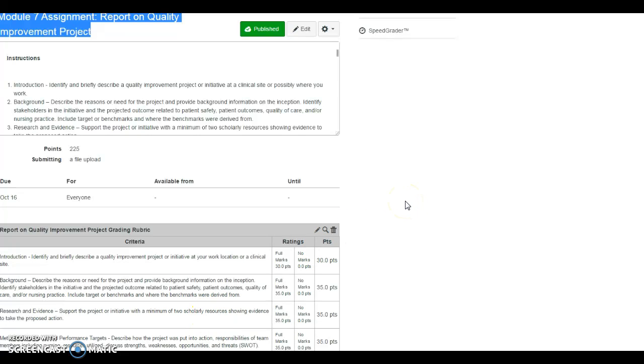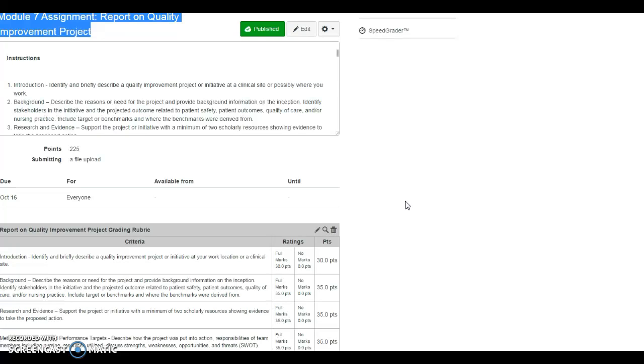So that is a last resort, but I also understand if you do not have access to a clinical site, I would allow that. So finding your initiative is going to be the first part of this project.